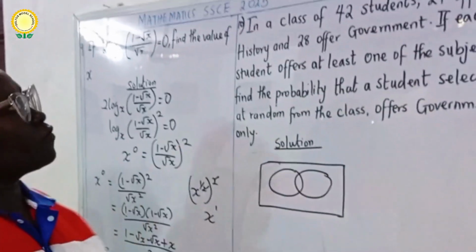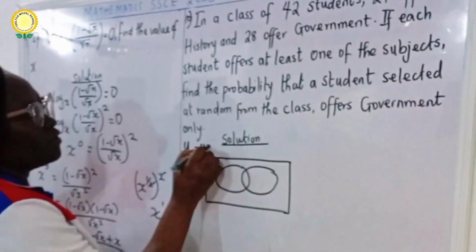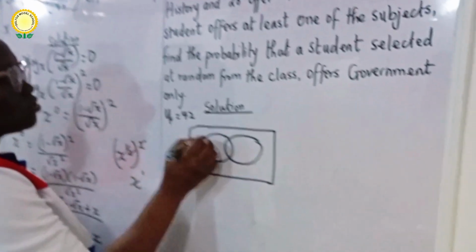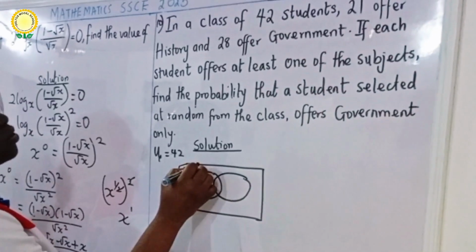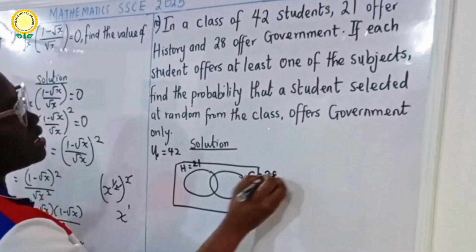Okay, so in a class of 42 students, so let's write the universal number there, 42. 21 offer history. So let's say this is history, for instance, and we have 21, and this is government, we have 28.